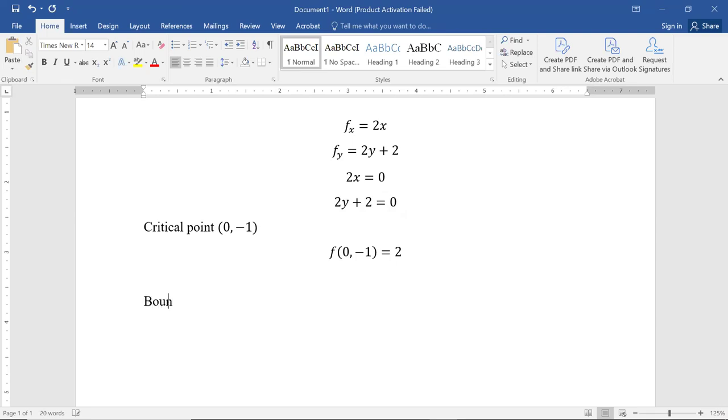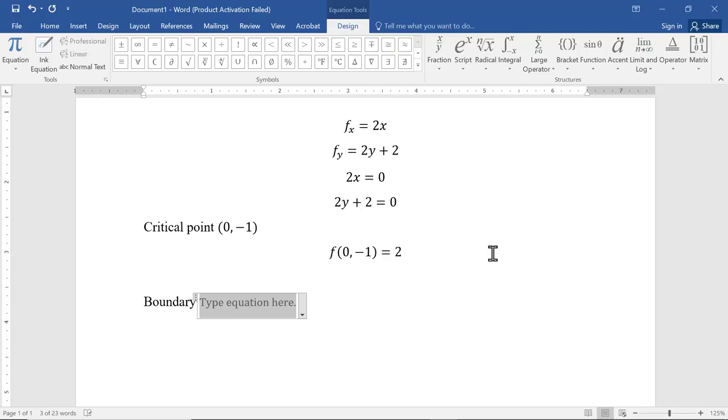Now, there were 3 boundaries that we had. When we take each one, we have to basically check all the points on the boundary. There's a quick way to do that. Let's check the boundary y equals -3 first. That was the bottom of our triangle.